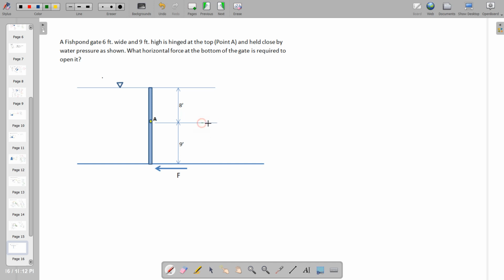So this is the gate, rectangular in form, and the width of this is given to be equal to 6 feet.